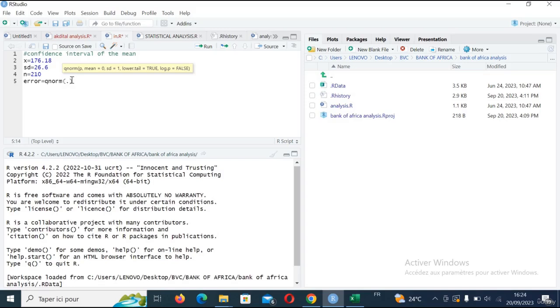Alpha is 0.05 because we want 95% confidence. So it's 1 minus 0.05 divided by 2, which is 1 minus 0.025, so 0.975. Okay.